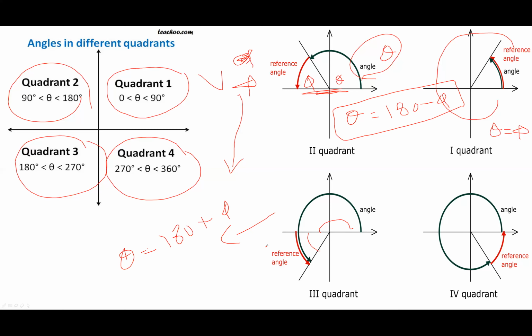So 180 plus the reference angle. This angle is 360. So theta will be written as 360 minus the reference angle. The nearest x-axis is this one, so make the measurement from this side.